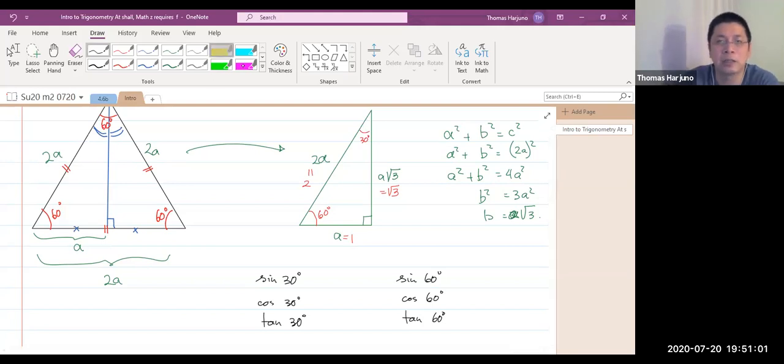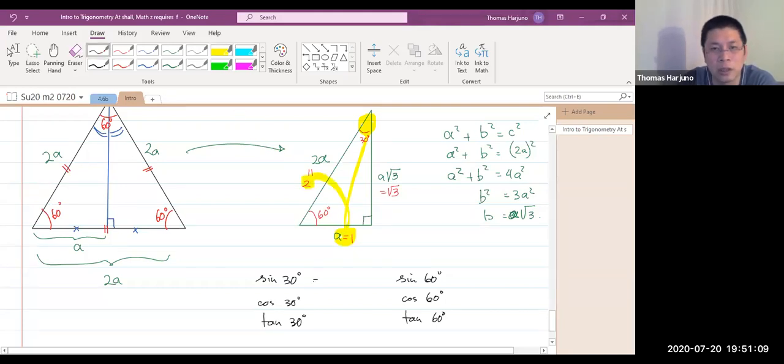Sine 30 degrees. This is 30 degrees. The opposite is 1 over hypotenuse 2, right? So sine 30 degrees is 1/2.